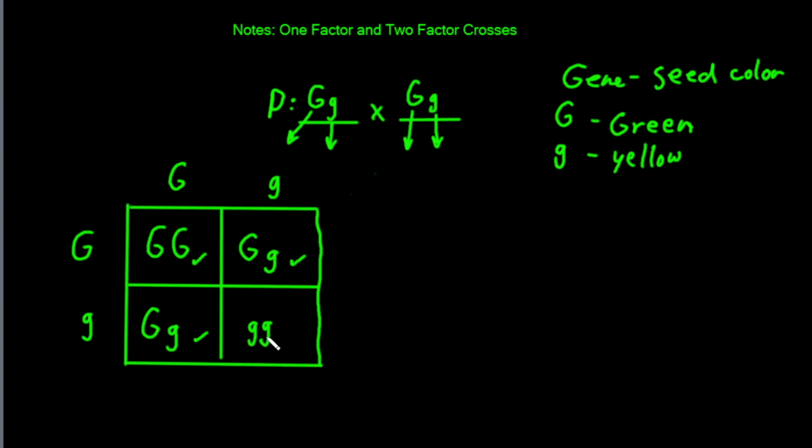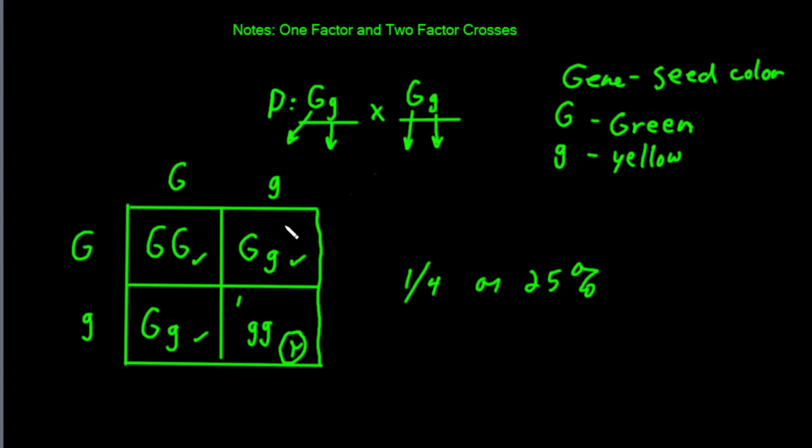Well, this one is yellow because it is homozygous recessive. And so that is 1 out of 4, so a 25% chance of getting a yellow-seeded offspring from two heterozygous parents.